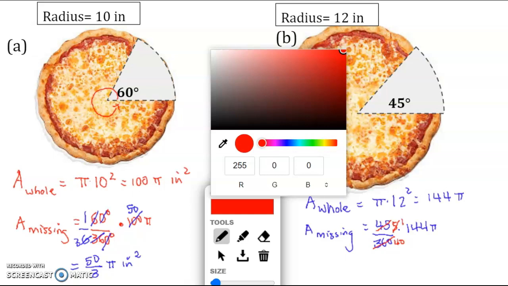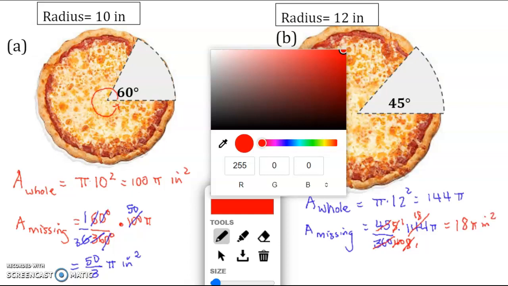That leaves me with 1 and 8. And if I divide 144 by 8, that leaves me with 18. So the amount that's missing is 18 pi inches squared.